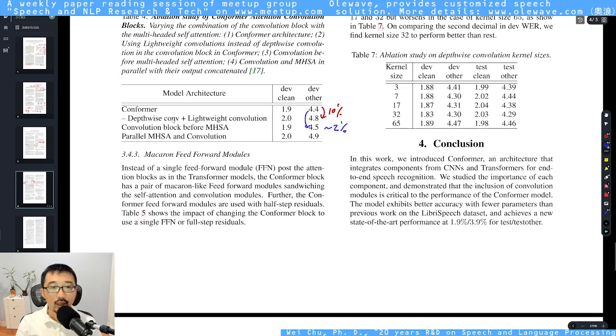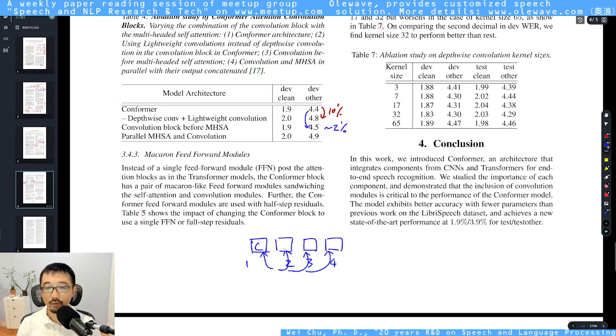Okay, and they talk about the parallel multi-head attention and convolution. I think this actually meant you have this attention here, attention 2, attention 3, attention 4, and for this they run a convolution.